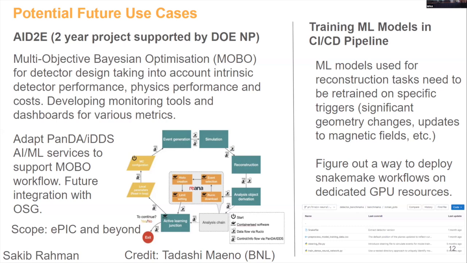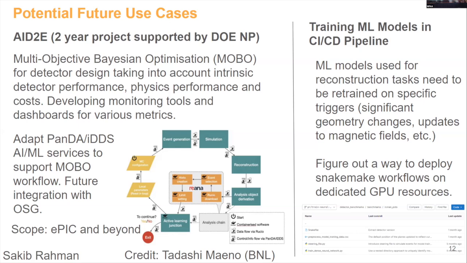They're trying to use multi-objective Bayesian optimization for detector design, taking into account detector performance, physics performance, and cost, and develop the right monitoring tools and dashboards for different metrics. And part of that is using Panda's AI/ML services to support this workflow. And they want to be able to integrate this with OSG. And I think there was a request for support on that recently.